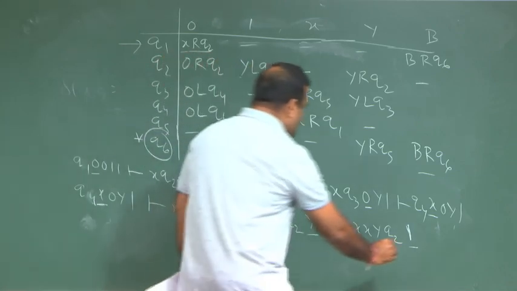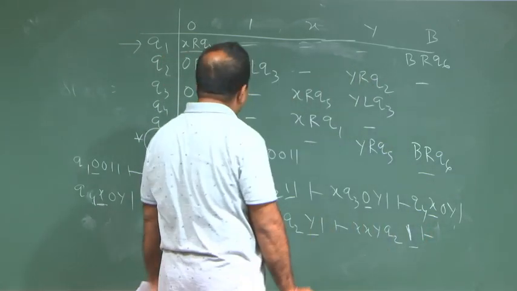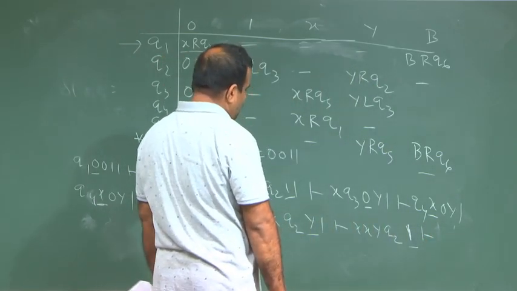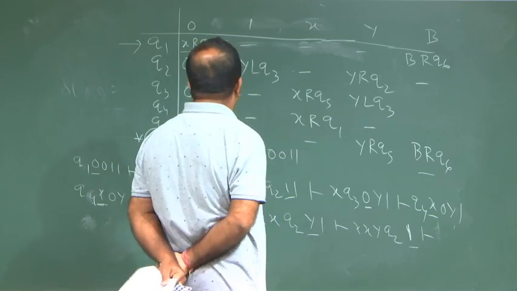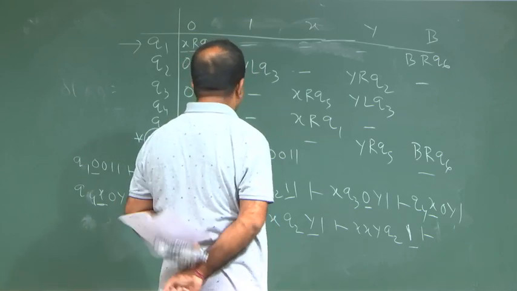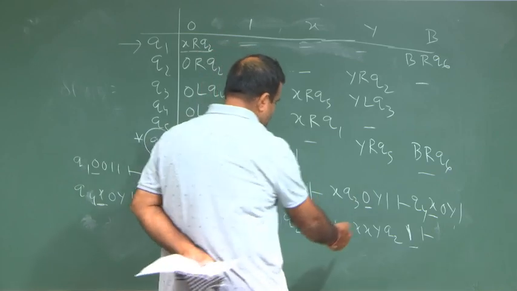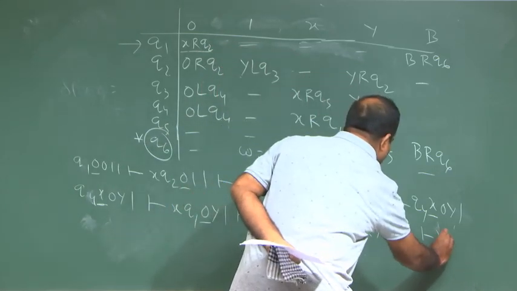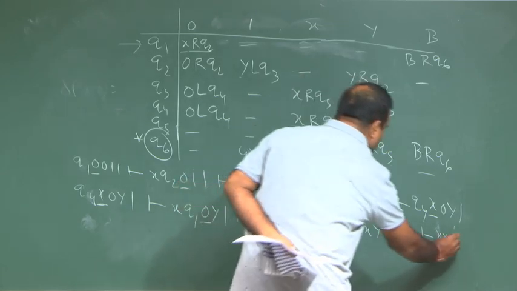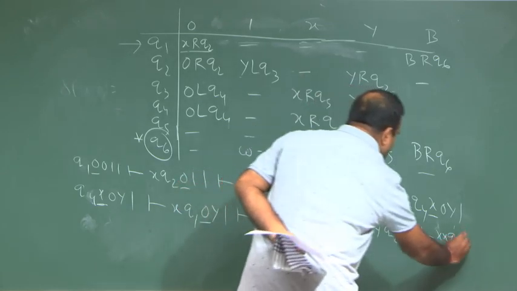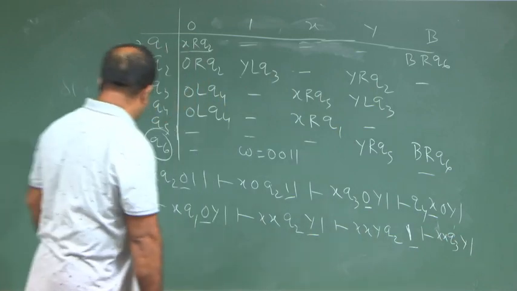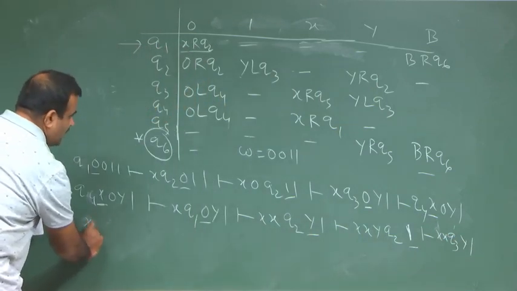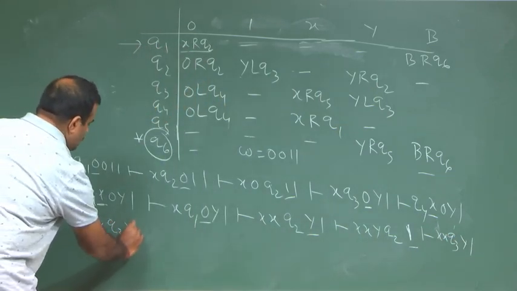That q2 1 will be replaced by y, that is okay, but it is going to the left, which means it is going to q3. So x x, and now this will be pointing q3 y 1, this is the next symbol. So x x q3 y 1.